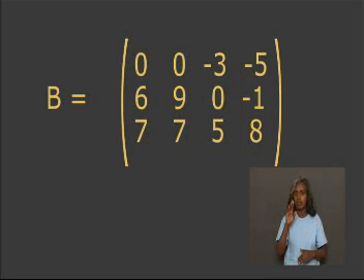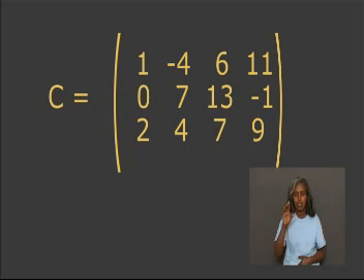Matrix B is not in echelon form because the first row has 2 zeros, which is a greater number of zeros than are found in row 2.